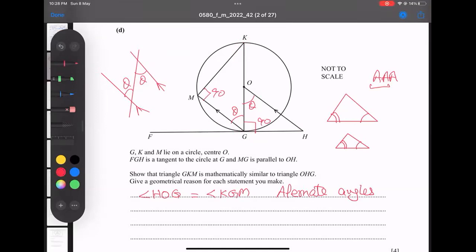How to pronounce? Angle OGH is equal to angle KMG. Okay, and what is the reason? One reason we can say both are right angles.